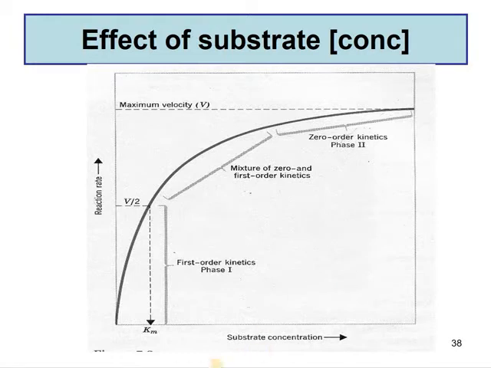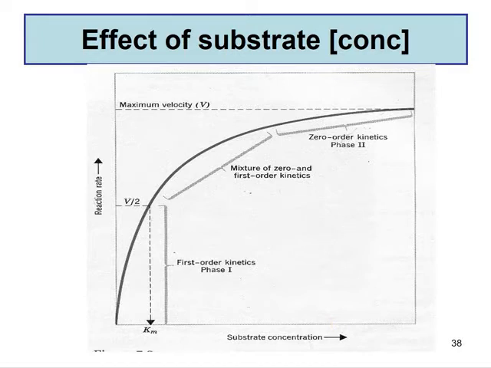Okay, so still remember, reaction rate increases over time. So when you increase the substrate concentration, remember the enzyme never gets used up. The only thing that gets used up is the substrate. But in this case, the substrate is not going to be used up because there's too much of the substrate. So what's going to happen is that the enzyme might even get exhausted, but let's find out.